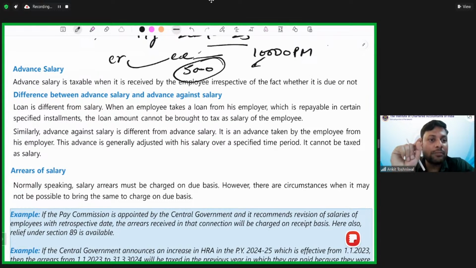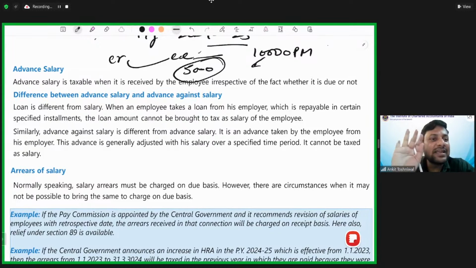So that loan is repayable. That advance is repayable, but salary is not repayable. If you are getting a salary from an employer, will you again give it back to the employer? No. The salary is not repayable, but the loan or advance against the salary is repayable.